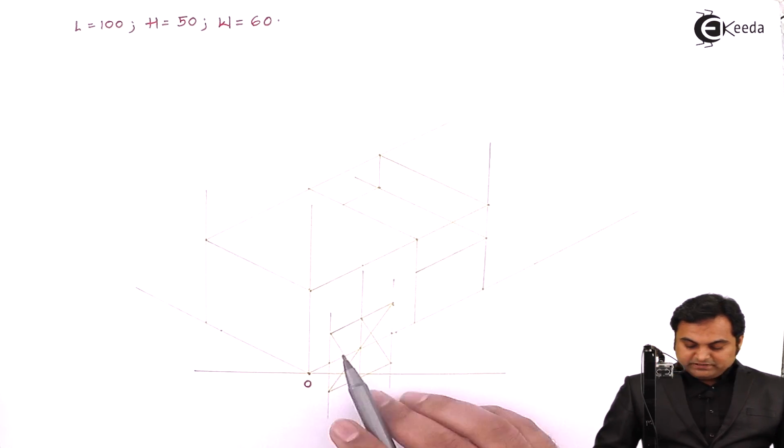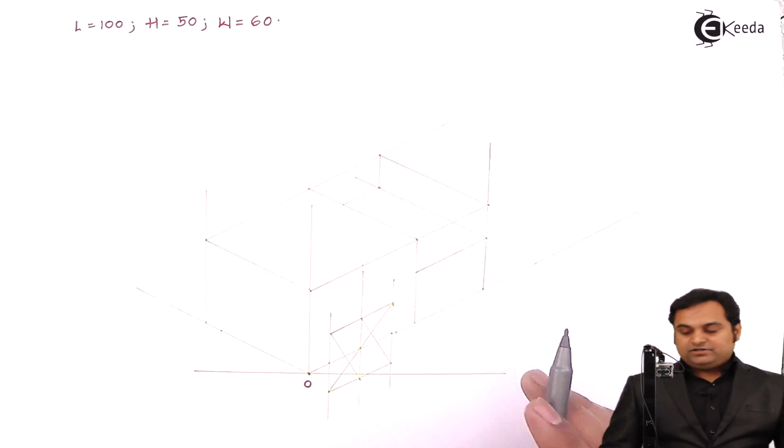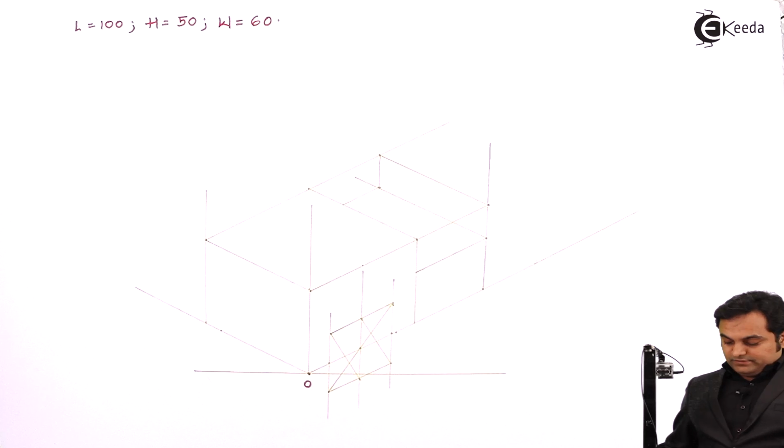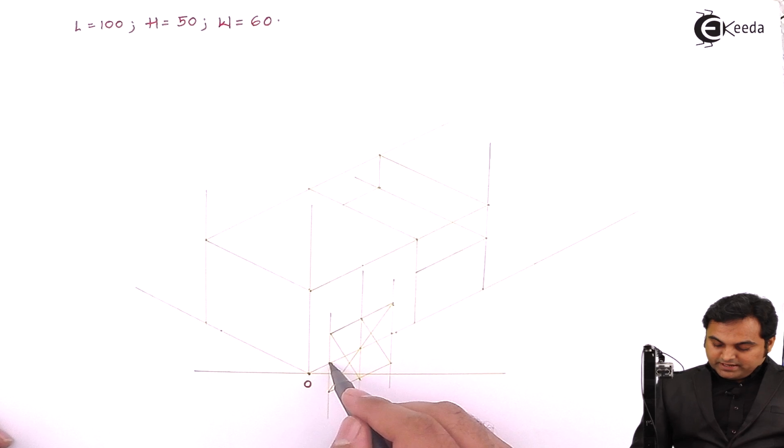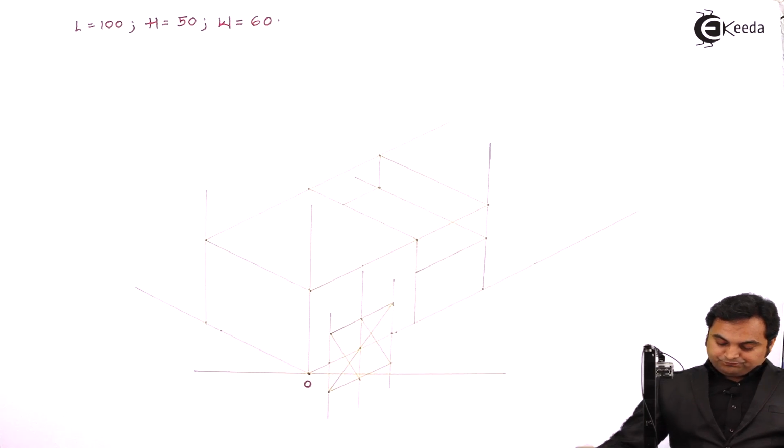So inside this parallelogram I would be drawing the semicircle, and the method is semicircle will start from this point and end over here.